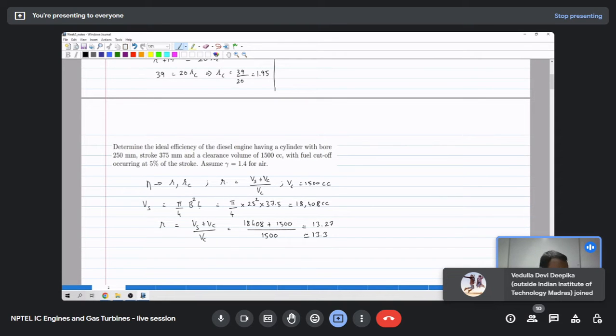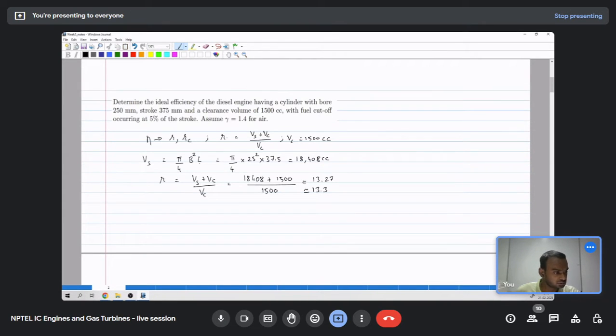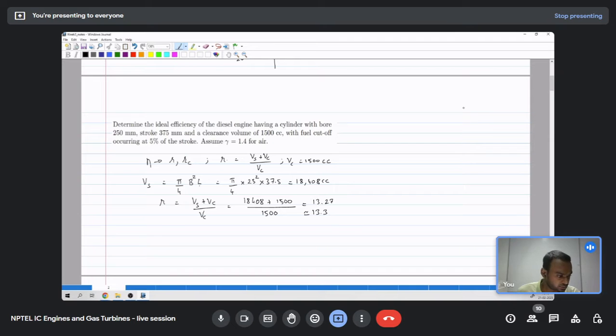As we saw earlier, we can calculate the cutoff ratio. It is given that the cutoff occurs at 5% of the entire stroke. So we have the pressure volume curve for the diesel cycle.